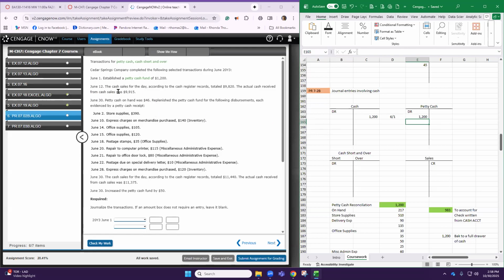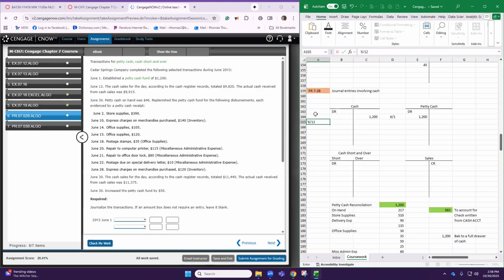All right. Now we're on June 12th. Okay, June 12th. The cash sales for the day. I have a sales account. So whatever the tape says from the cash register, that's going to be our sales, but the actual received is a different amount. So you put the actual received. So I'm going to put 6/12.